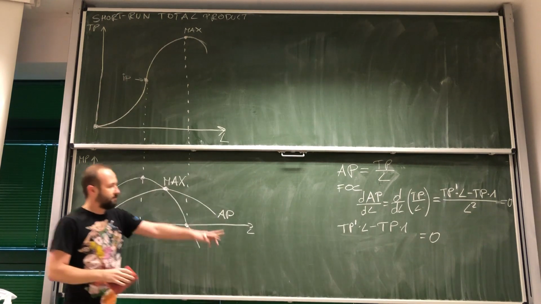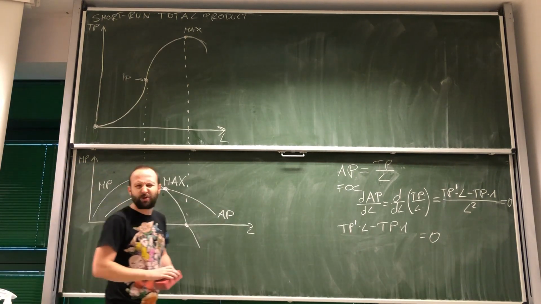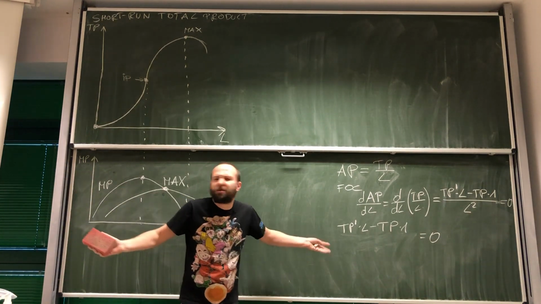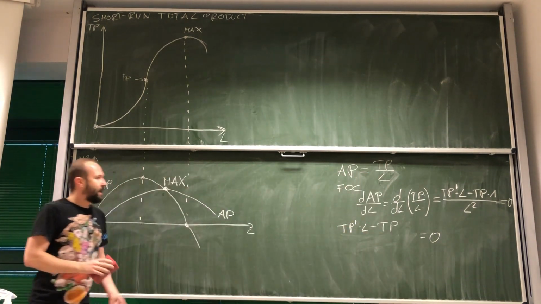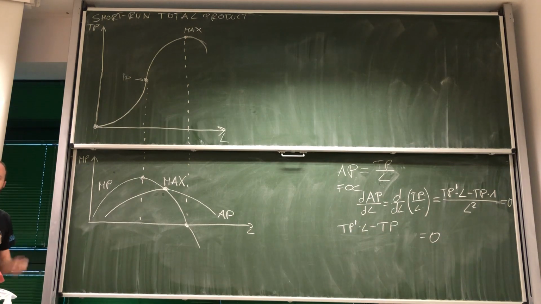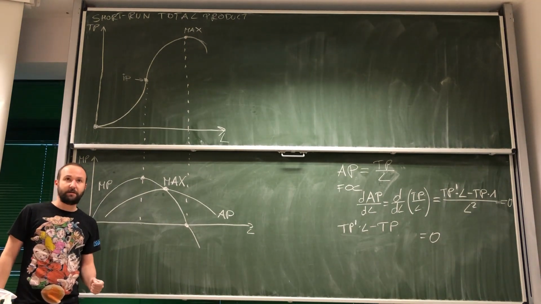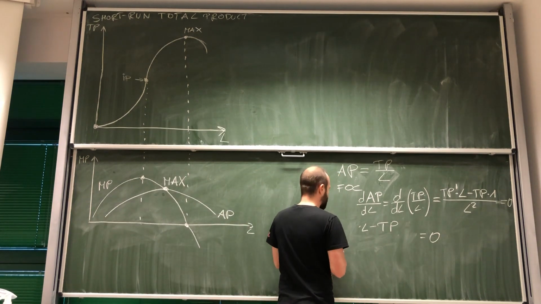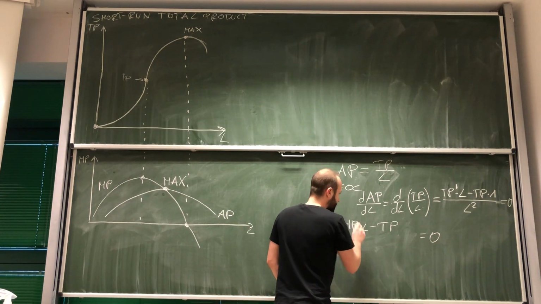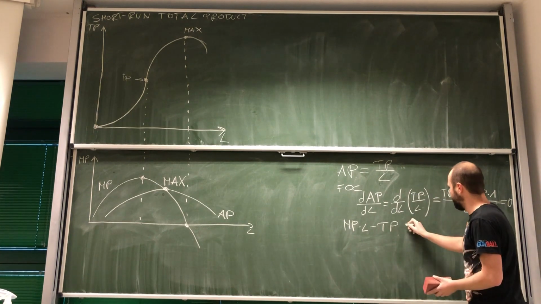Right? Now, this 1 next to total product is also not doing anything here, right? So let's get rid of this. And now, how will I call the first derivative of a total product? Well, this is nothing more but marginal product. Okay, so look, we've got a way simpler equation.